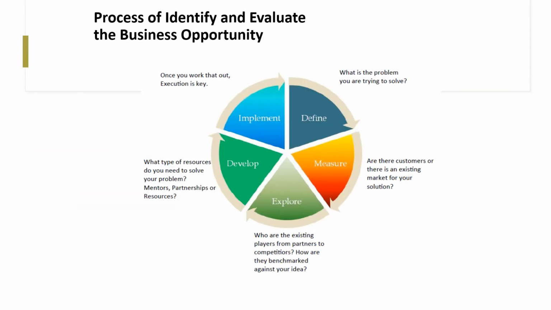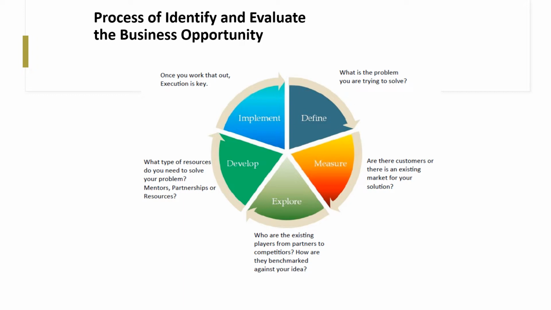And then this is the flow in terms of the process to identify and evaluate the business opportunity. So for example, if you're starting from define, define means that you need to identify the problem occurring in the market, the problem occurring in the communities.